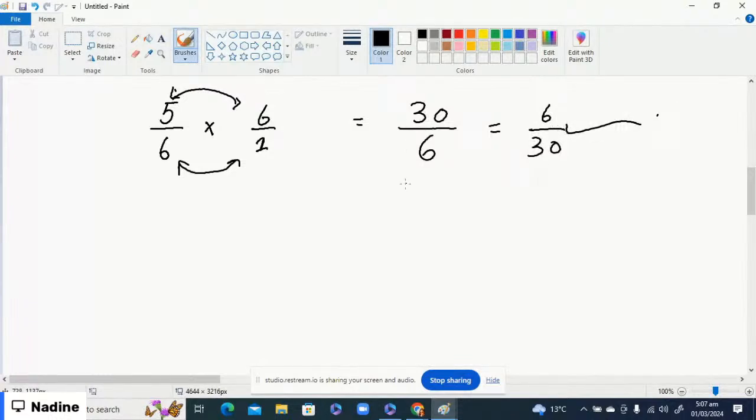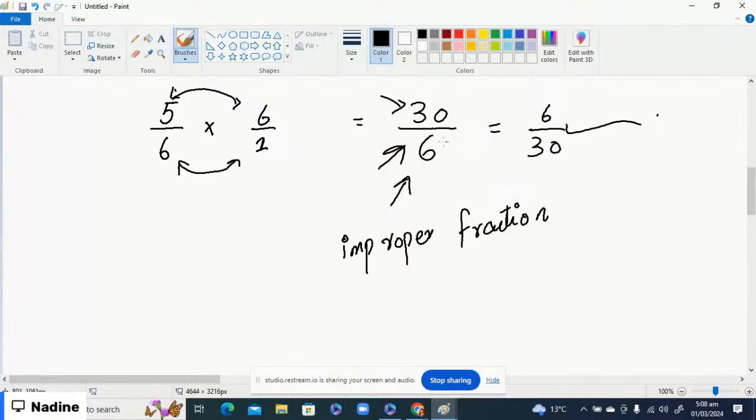But here it is an improper fraction. How is it improper? Because look, its numerator is greater as compared to the denominator. We convert all the questions into a proper fraction or a mixed number or a whole number. So that's why we're going to divide.